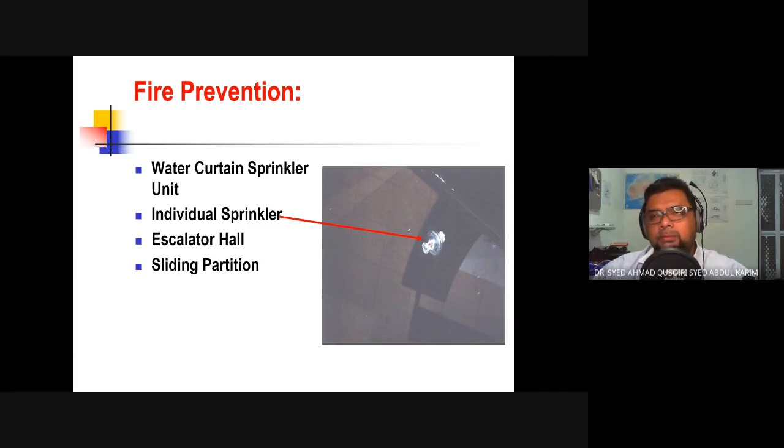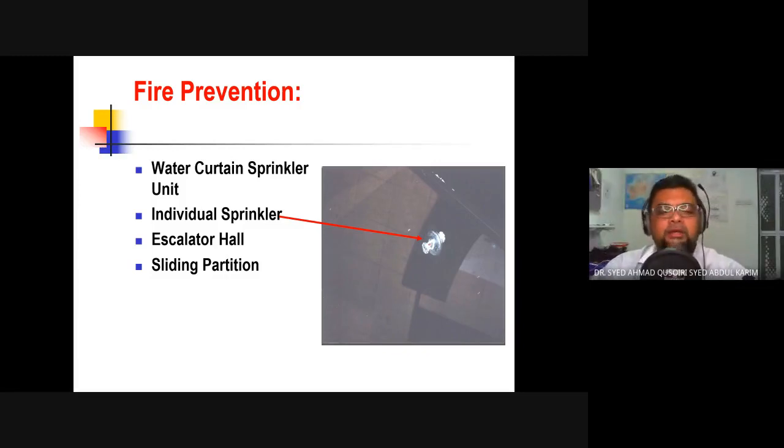And then the escalator hall, this is a special hall. If we're talking about staircases, we have the stairwell. This stairwell is protected against fire, but we can't put an escalator in a stairwell. So they have a special hall where we install these escalators, and this hall is protected from the spread of fire.